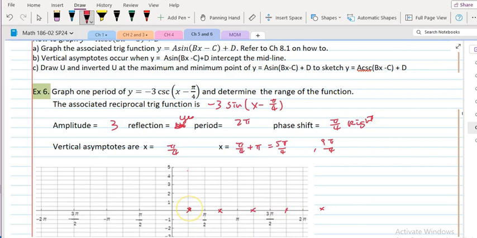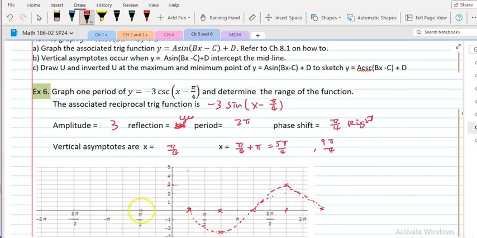At the beginning, it's going to go down first, to -3, because the amplitude is 3 and -3. Then go back, and go up to 3 at this quarter point.